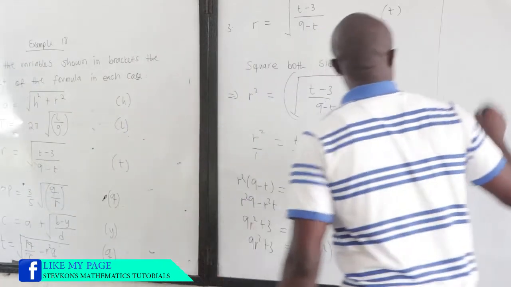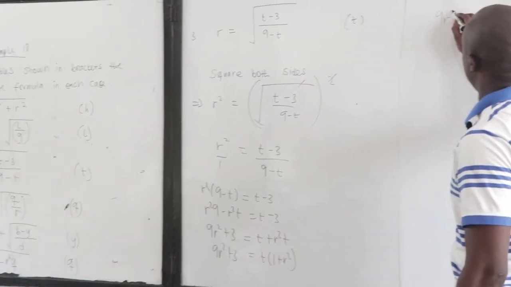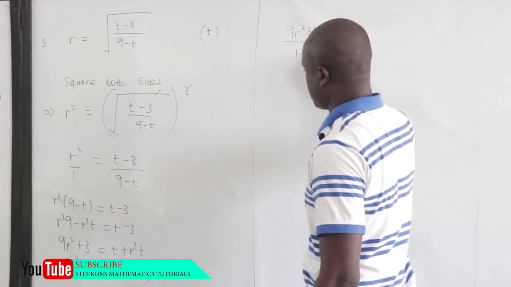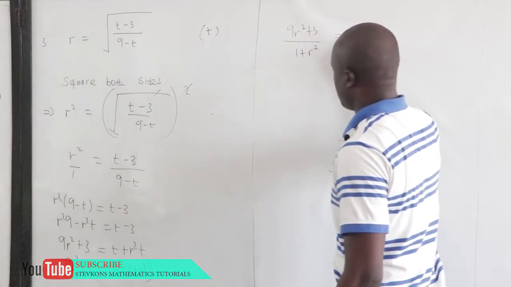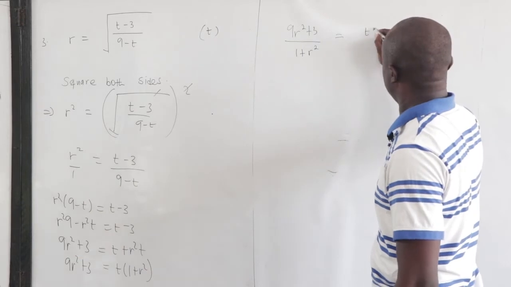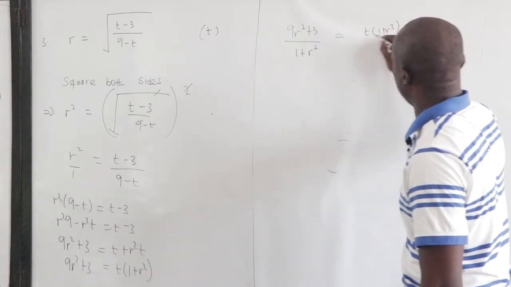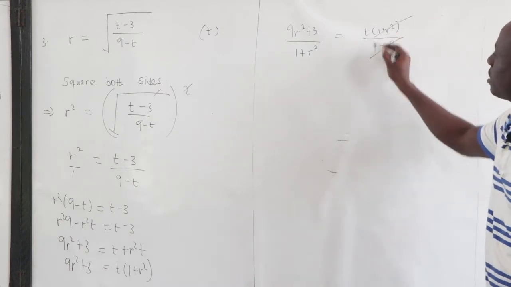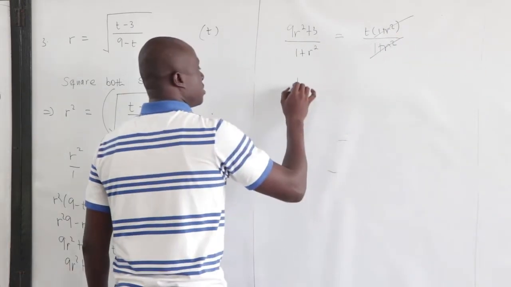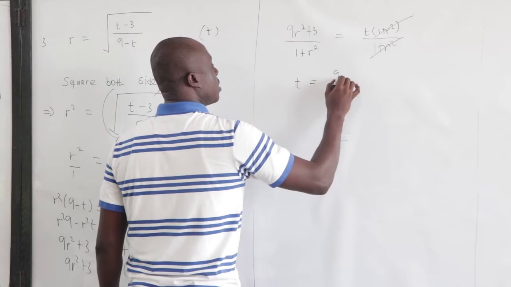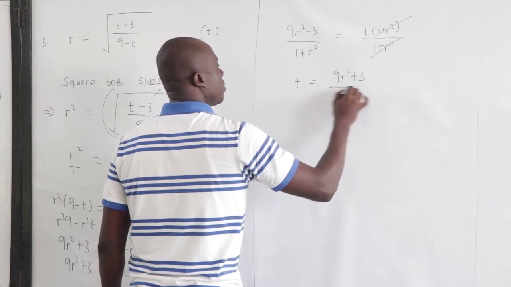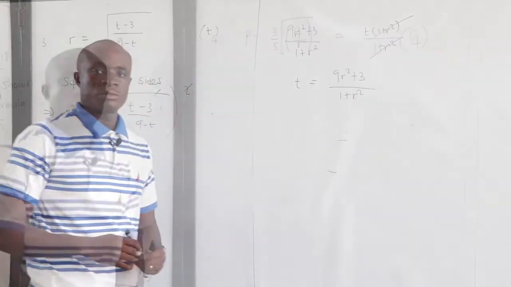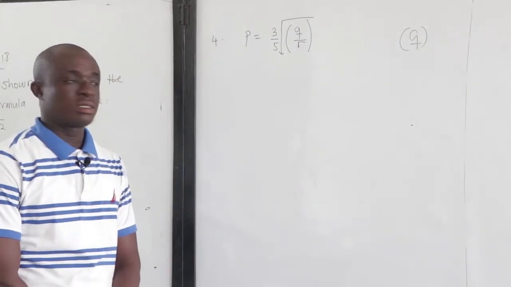So clearly, we have 9r squared plus 3 all over 1 plus r squared equal to t times 1 plus r squared all over 1 plus r squared. Now this is cancelling out that. So we have our t to be equal to 9r squared plus 3 all over 1 plus r squared.